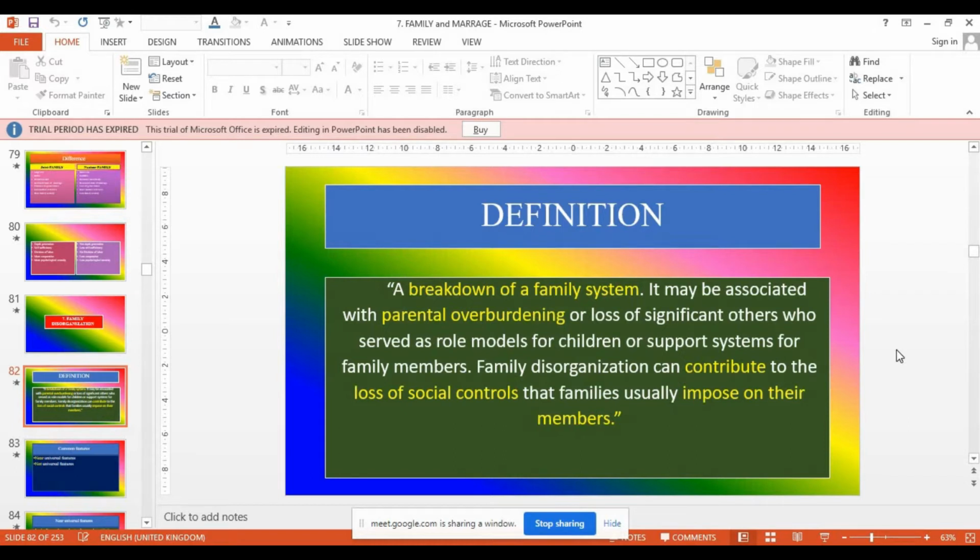Disorganization can contribute to the loss of social control that the family imposes on its members.